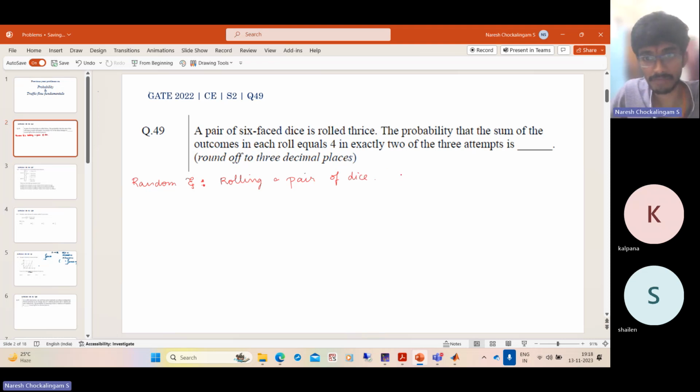We are doing it 3 times. So first question is, are the three trials independent? The experiment is rolling a pair of dice, and a trial is doing it once. 3 trials are doing it 3 times. Now, are the 3 trials independent?